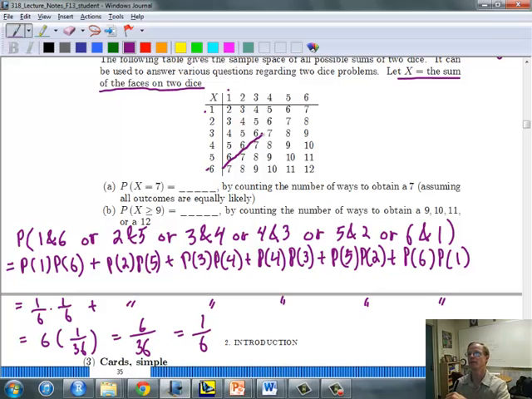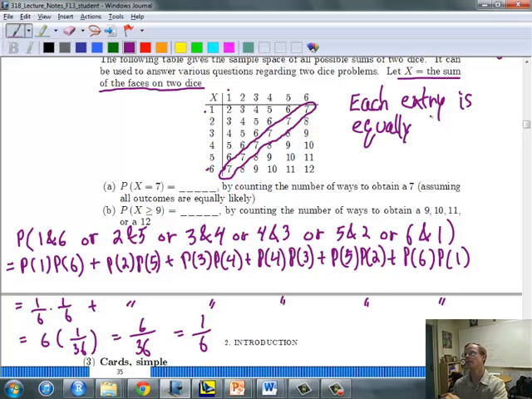And so we can see there are 6 ways to get a 7, and each entry is equally likely, which gives us a 1 out of 36 probability for every entry. So by direct observation, we could also say this event is 6 out of 36.